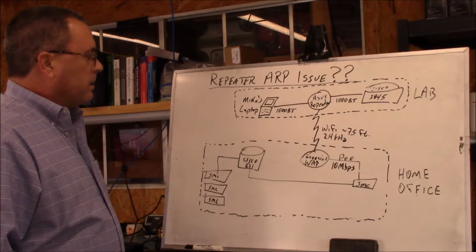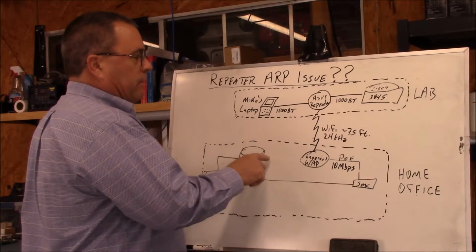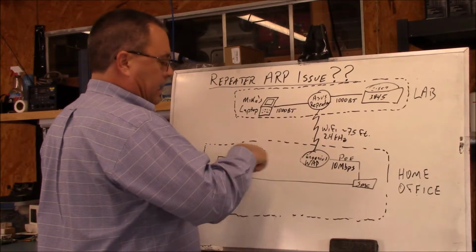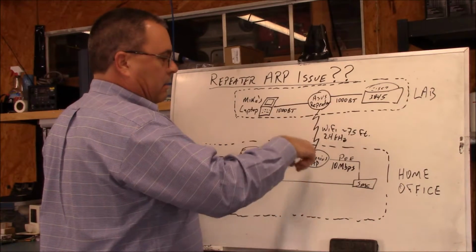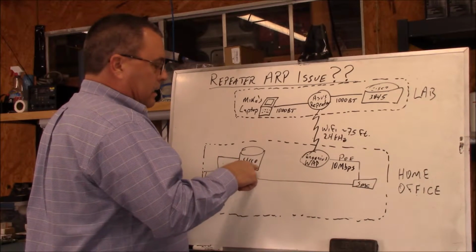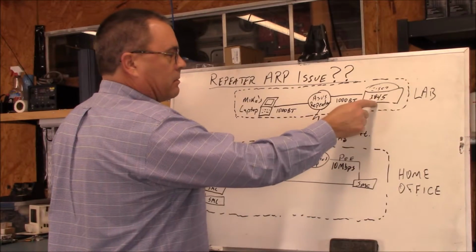What I want to do today is investigate where the ARP is dying here, because I'm guessing that's the problem. I've looked at the layer 3 routing over and over again, and the routing from here to here is perfect.